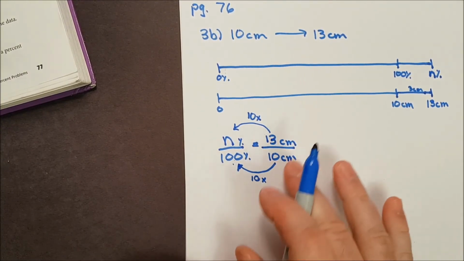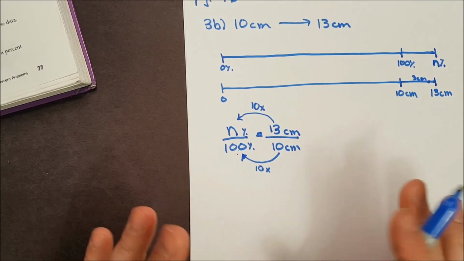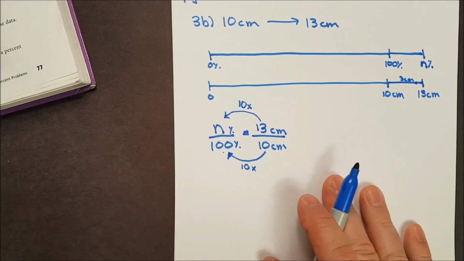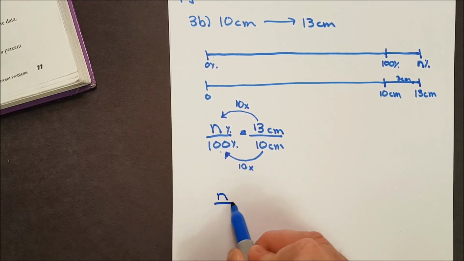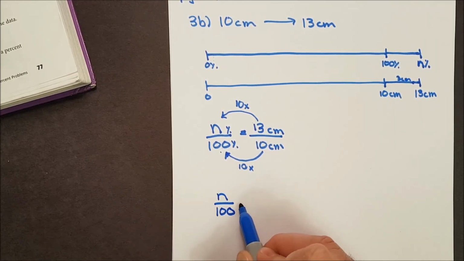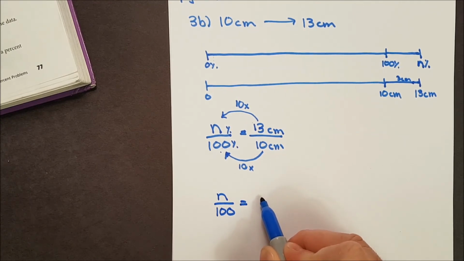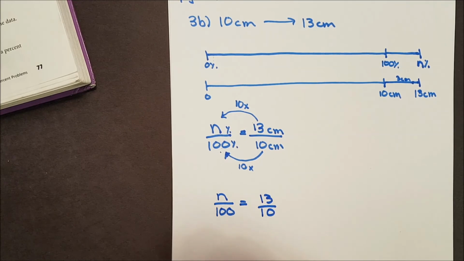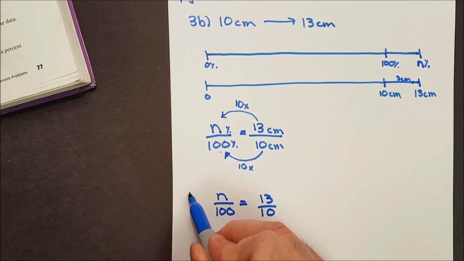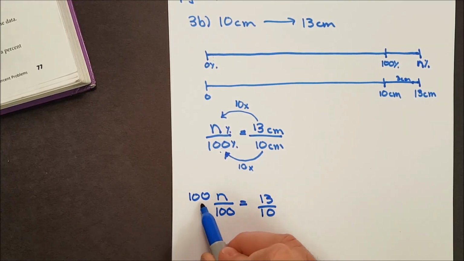But if we didn't have friendly numbers like this, we would need to use algebra. So let's use algebra once again. So n over 100 equals 13 over 10. Now we need to isolate n. So let's multiply each side by 100.